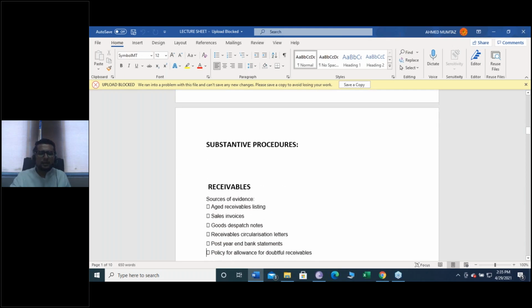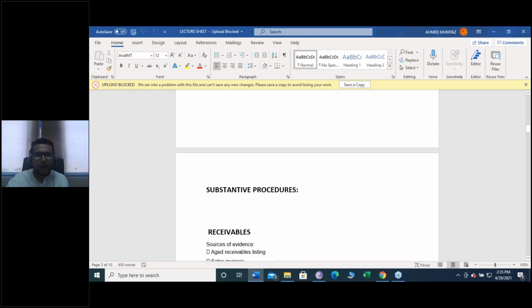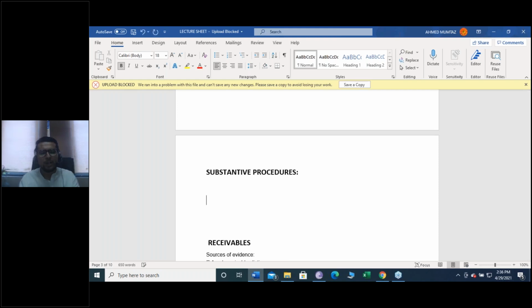Okay, guys, before I move on to a past paper question on substantive procedure, I would like to highlight what kind of exam question you can expect on substantive procedure. Substantive procedures are examined by the examiner in two ways.